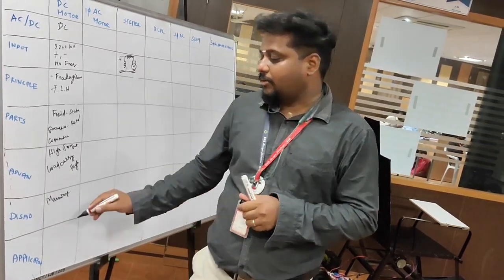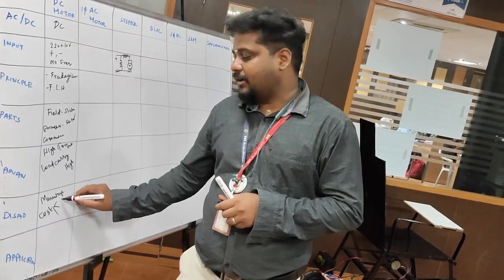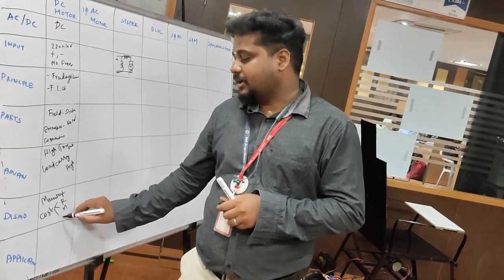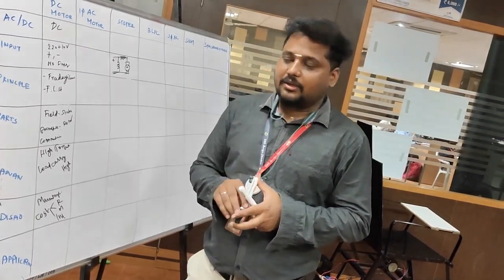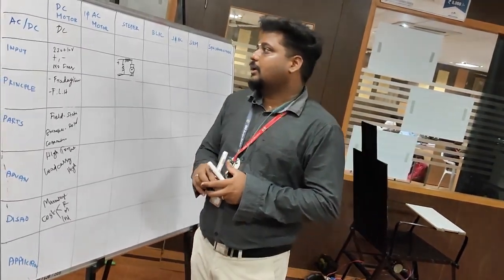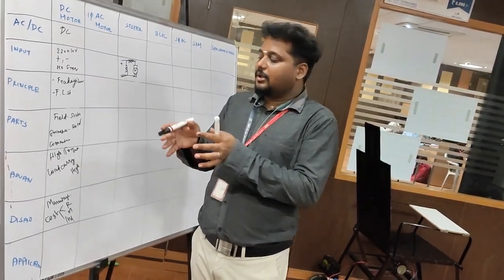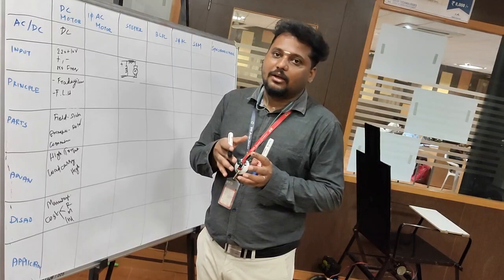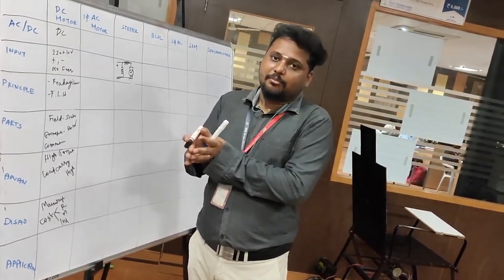And then another one is cost. It has three main costs: running cost, maintenance cost, and initial cost. The initial cost of DC type motors, whether series, shunt or compound, is around 12 to 50,000, which is high compared to the other motors.